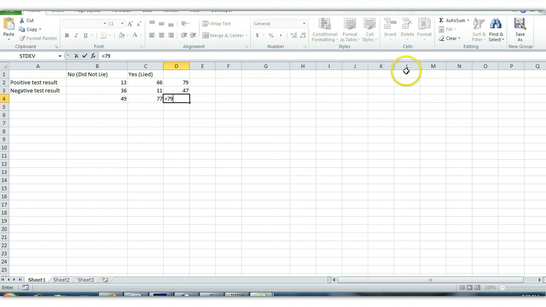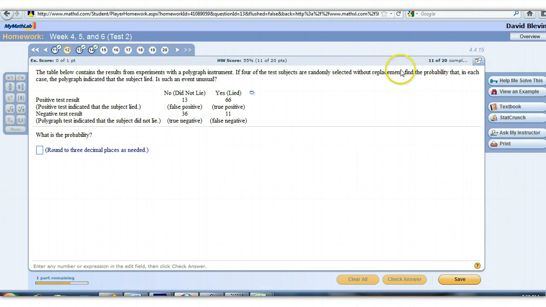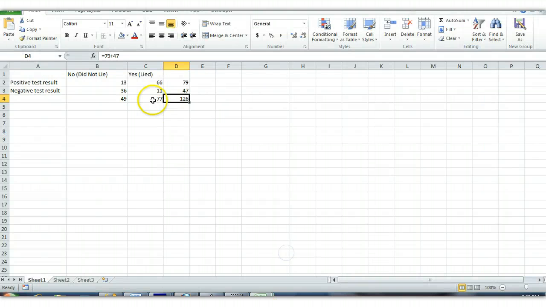Alright, equals 79 plus 47. Alright, so there's 126 people here total, and the question asks us, again, find the probability in each of the 4 cases without replacement that all 4 ended up with a positive test result, or the polygraph indicated they lied. So that's, again, the total of these two, the 79 total.